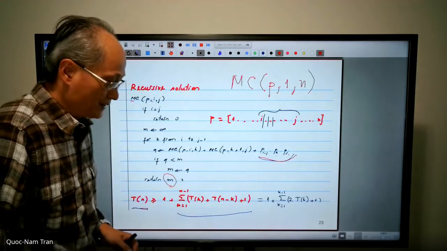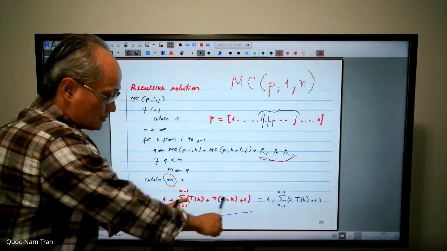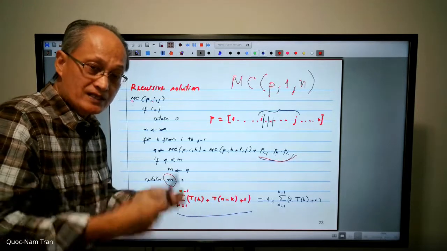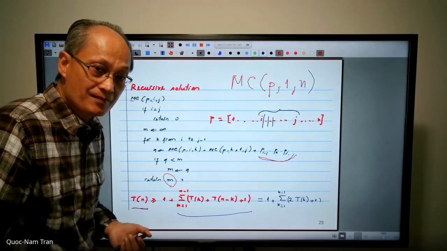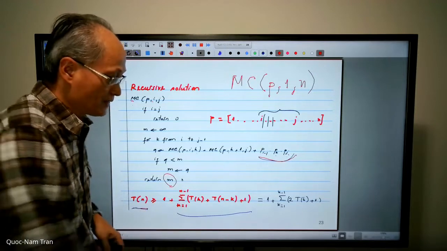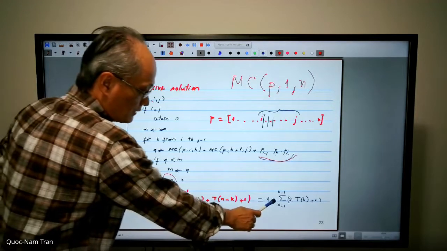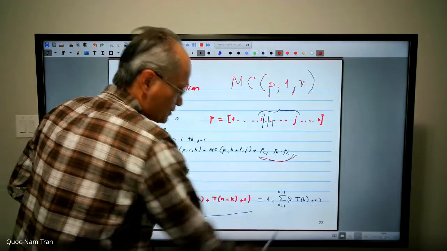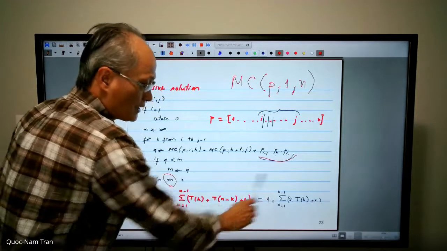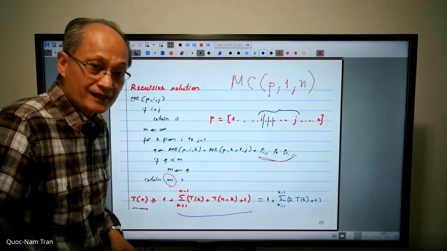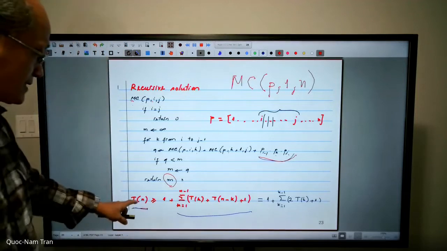So we have 1 plus 2 times the sum of Tk, plus 1, for k from 1 to n minus 1. Now how can I solve this recurrence?